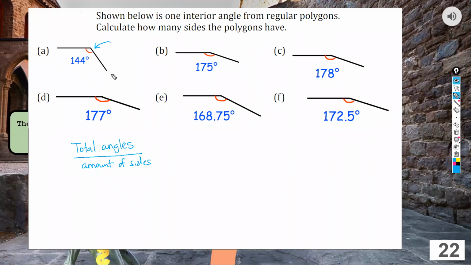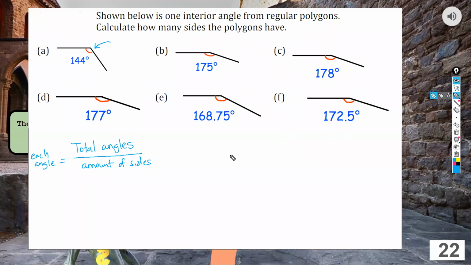Once it's a regular polygon, to find the value of each angle, we would find the total of all the angles and then divide it by the amount of sides. We just did a question like that, right? So let's put that in perspective.